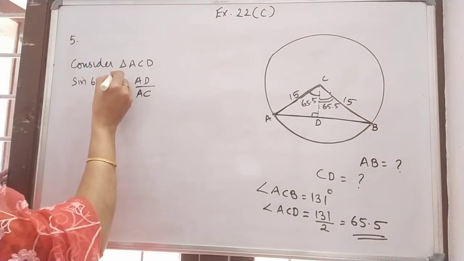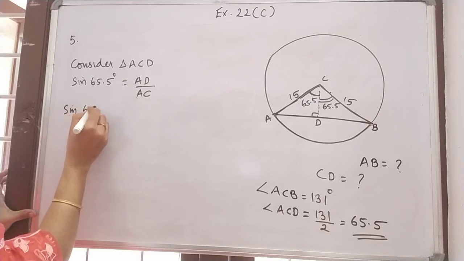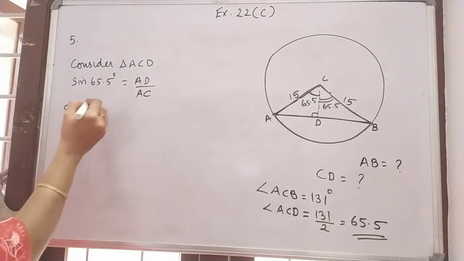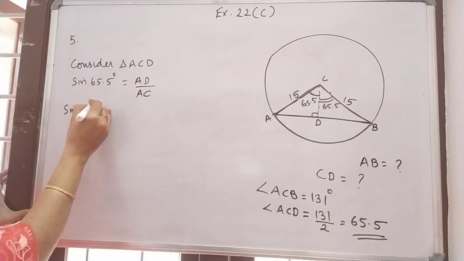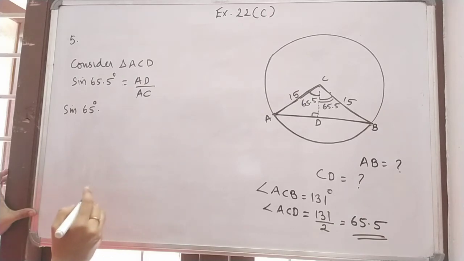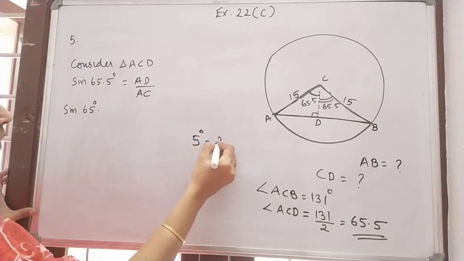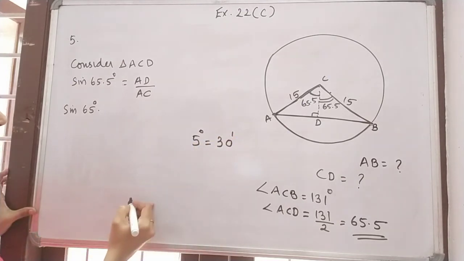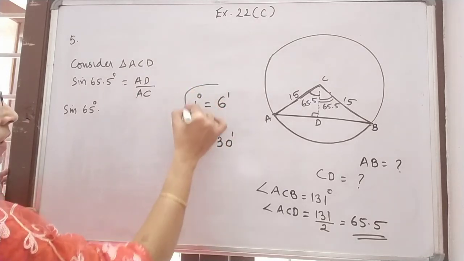65.5 degree we can write as 65 degree and 0.5 degree. 0.5 degree we want to convert into minutes. 1 degree is equal to 60 minutes. Study it.